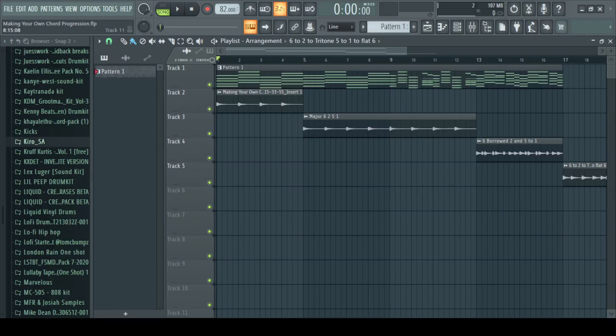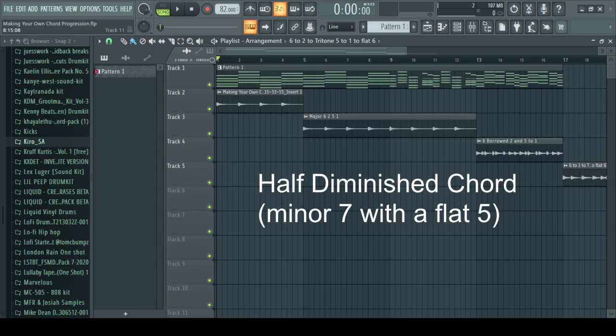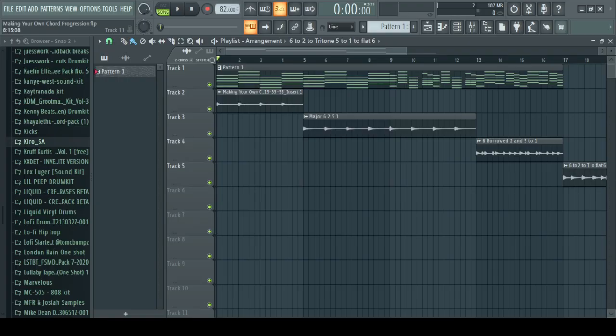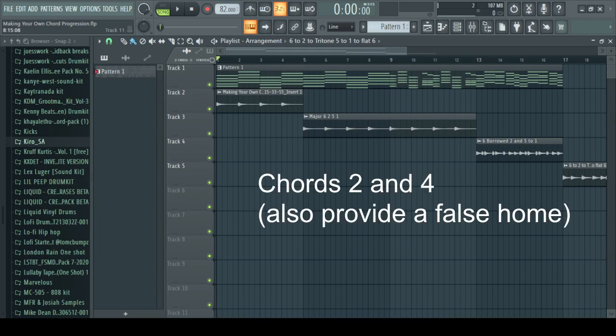The 5 being a dominant 7 chord and the 7 being a half diminished chord. And our last camp, we are going to call it the pre-tension camp, because these chords allow us to move our chord progression forward without too much color. These chords are 2 and 4.